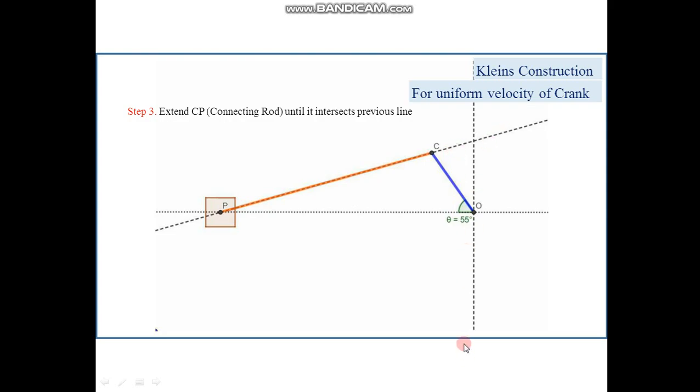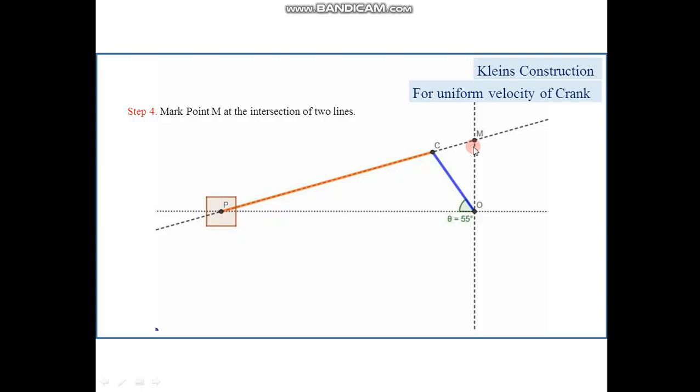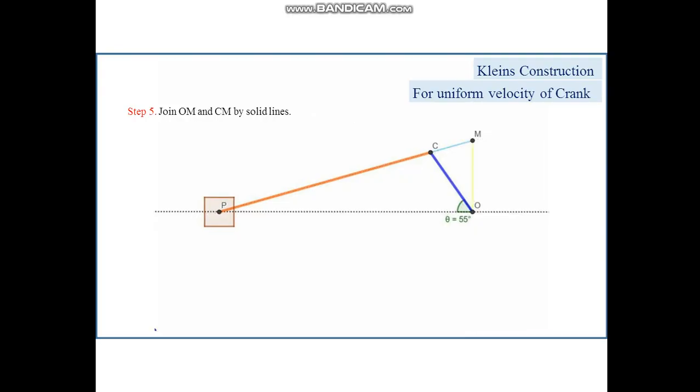Whenever these two lines, that is the extension of the connecting rod and the perpendicular through the crank center O, meet, give that point as M. Now this triangle OCM represents the velocity polygon of the Klein construction. So we make it solid. This OCM represents the Klein construction velocity polygon.